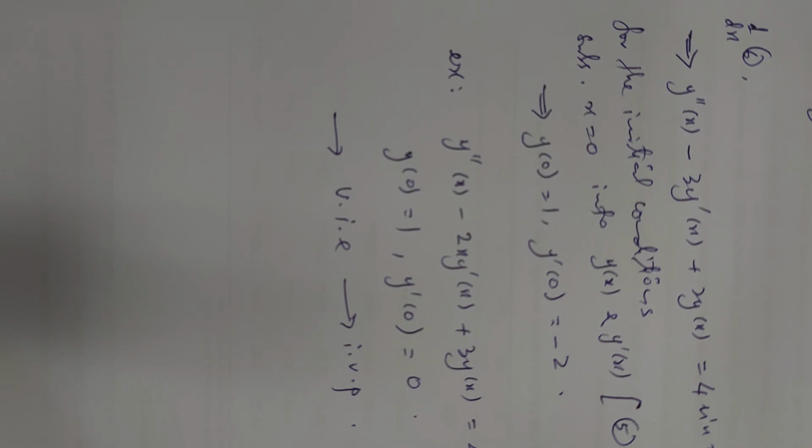And then the final part is to find the initial condition: we just substitute the given initial value into the respective equation, y, or in our case y and y prime.